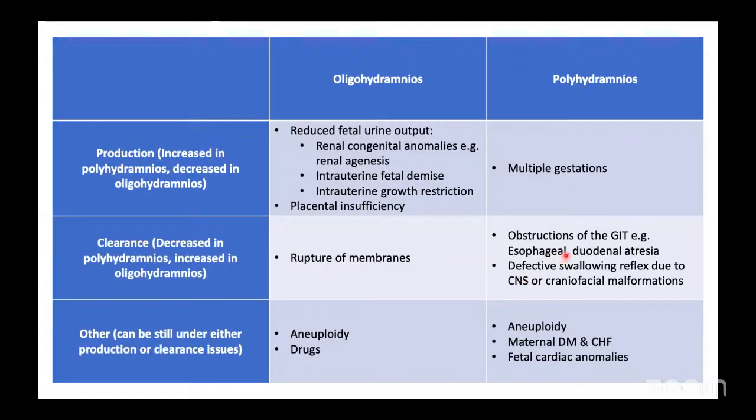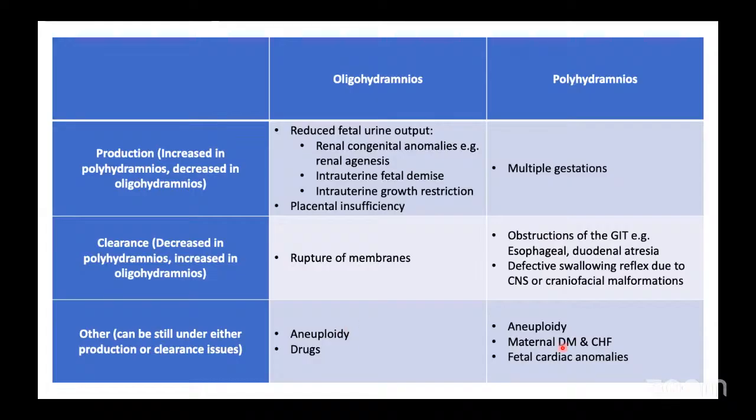Then for polyhydramnios, the decreased clearance has to do with insufficient intake of amniotic fluid into the fetus. So, for example, blockage of the GIT in atresias, or problems with the CNS, so the facial region, which prevents swallowing.